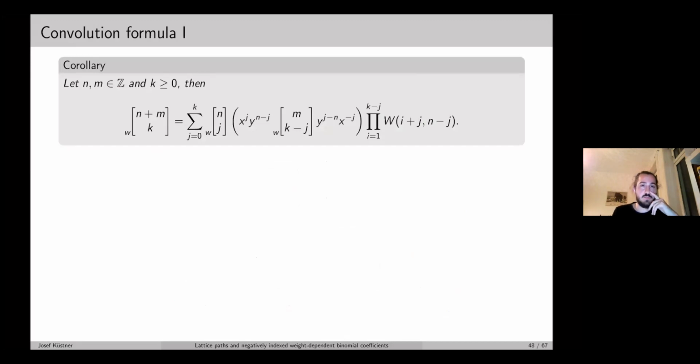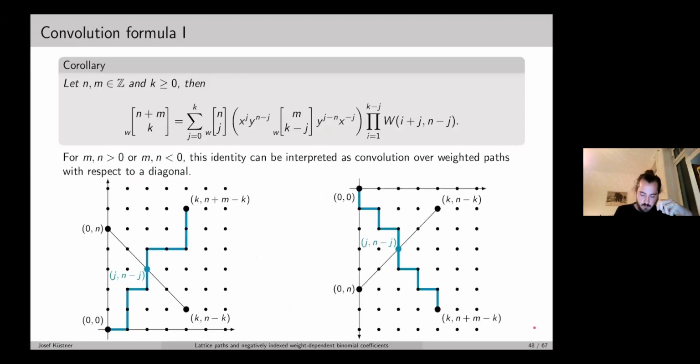And what we can do with this lattice path model is, for example, that we can have a convolution formula. So do I have time for that? Okay, let's maybe only look at this region here at first.